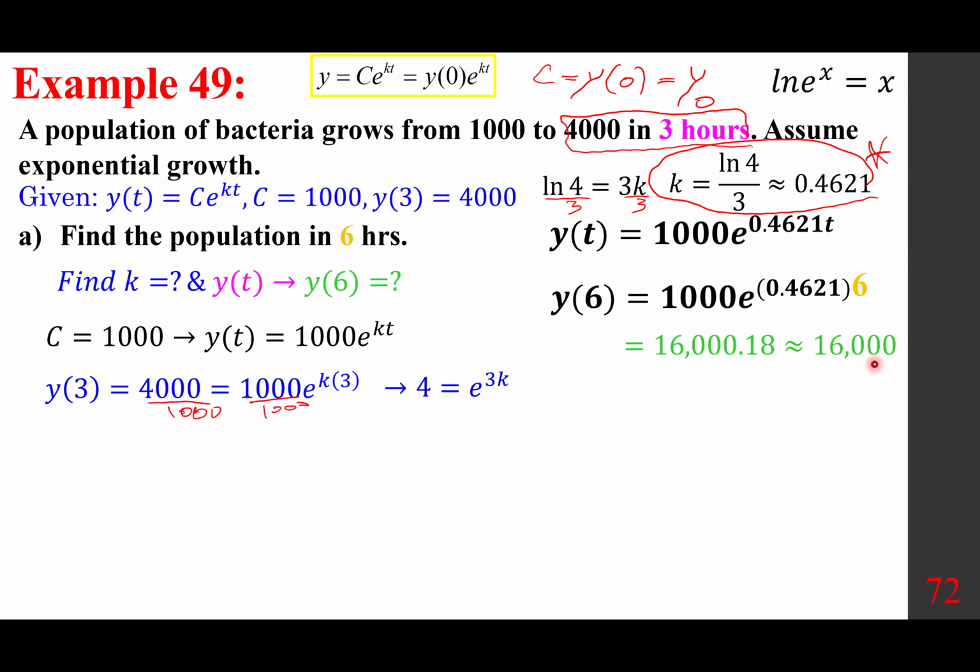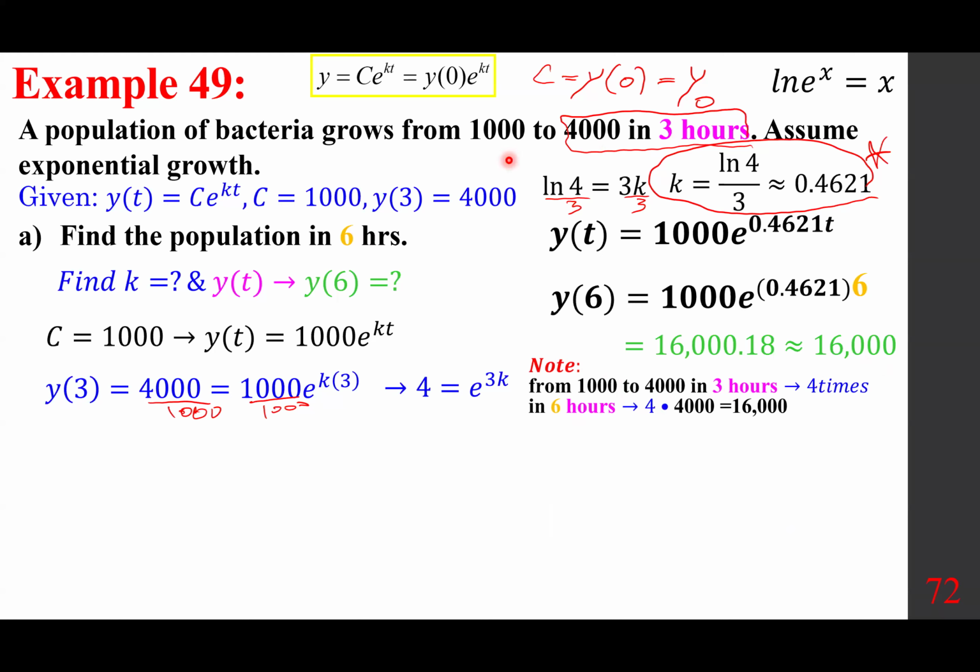Now, what I want you to note first, note the following. From 1,000 to 4,000, it takes 3 hours. That means how many times more? 4 times. So in 6 hours, again, it should get 4 times. Why?